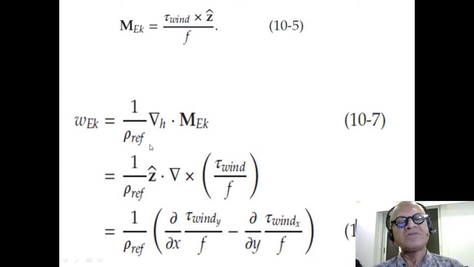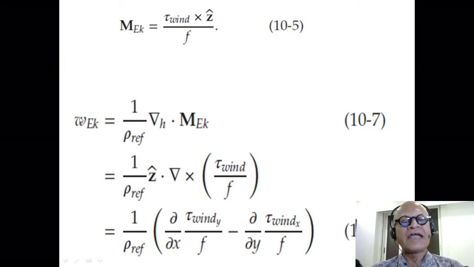Okay, w Ekman is 1 over rho ref times the horizontal divergence of M Ekman. That's du ageostrophic/dx plus dv ageostrophic/dy. But M Ekman we had written in terms of the wind stress divided by f.